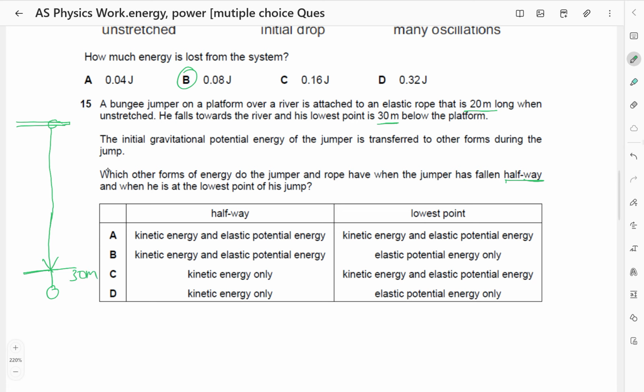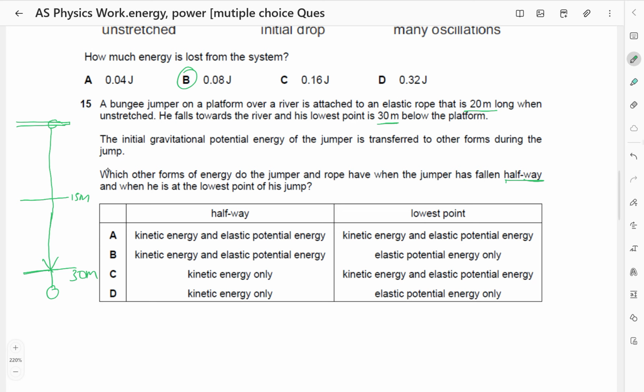The lowest point is at 30 meters. That means halfway is going to be 15 meters. If the lowest point is at 30 meters, it means halfway of the lowest point is 15 meters.